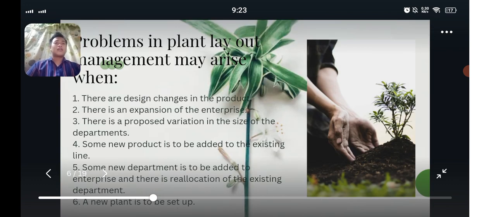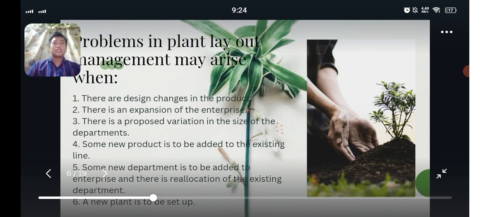Problems in plant layout management may arise. In this one, number one is there are design changes in the product, which is the product design has changed. Number two, there is an expansion of the enterprises, so there is an increase in the size of the business. Number three, there is a proposed variation in the size of the departments.